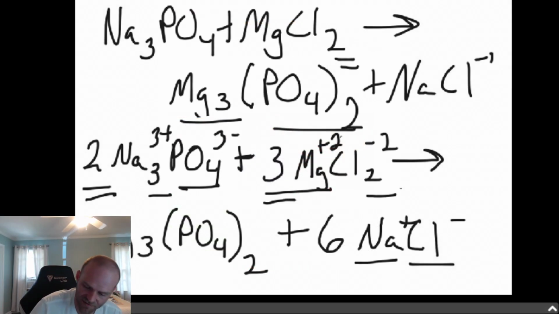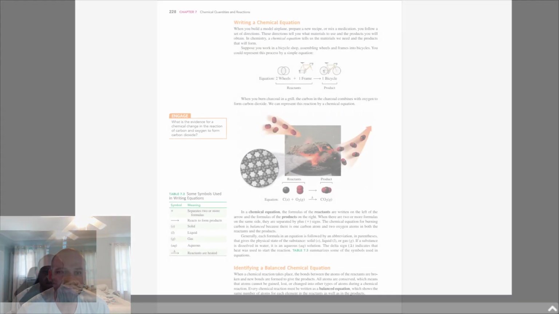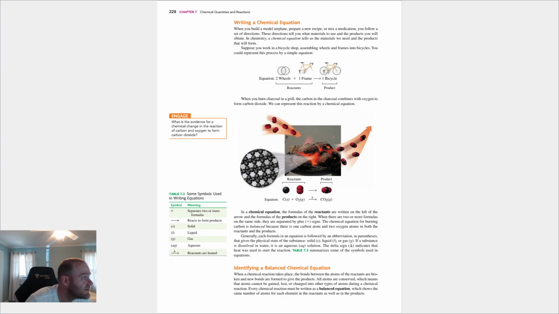Okay, let me clear this off. So this table right here on the left side of page 228 talks about all the different symbols you're going to see in a balanced equation or in chemical equations.